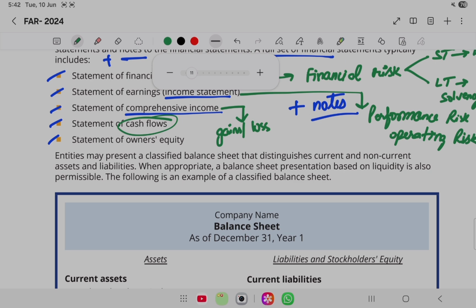For example, expenses are recorded on the accrual basis and not the cash basis, but the statement of cash flows shows how much cash we have paid for the expenses. So why is there a difference between the cash flow statement and the P&L statement?